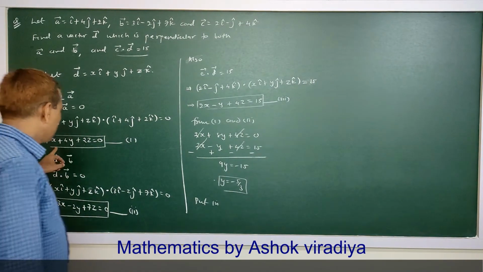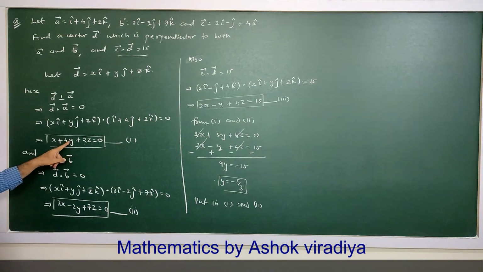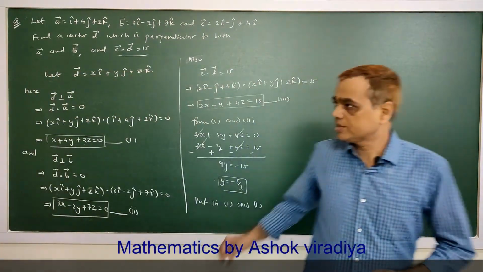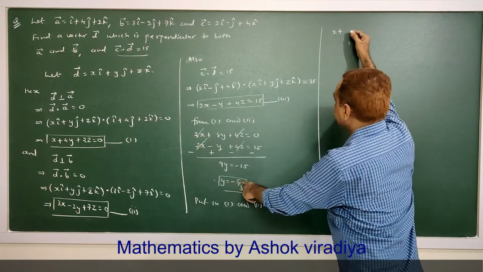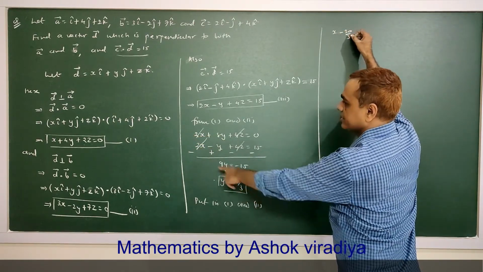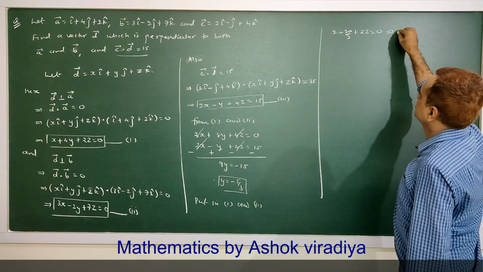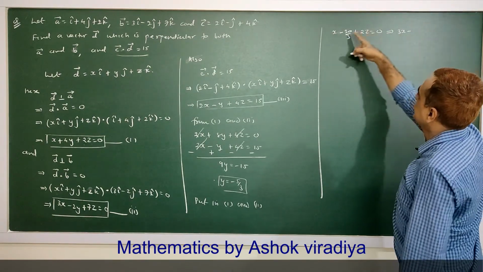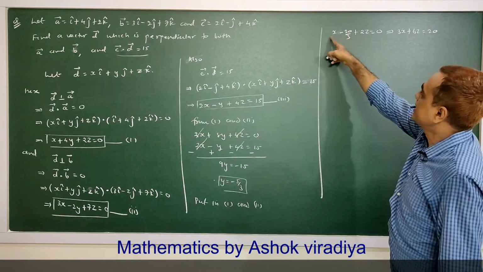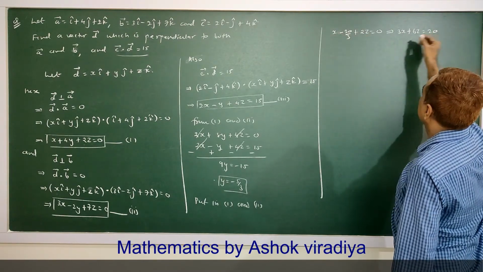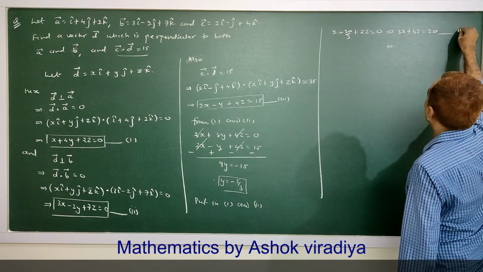In equation 1: x plus 4 into minus 5 by 3, that is minus 20 by 3, plus 2z is 0, that is 3x minus 20 plus 6z equal to 0, so 3x plus 6z equal to 20. Let me say this is equation number 4.